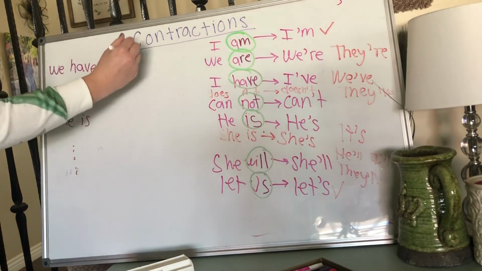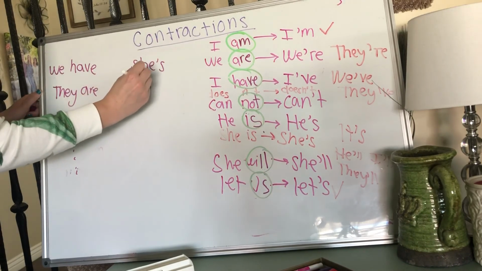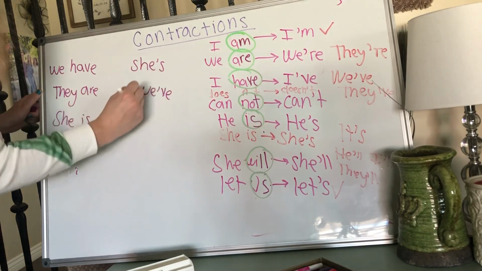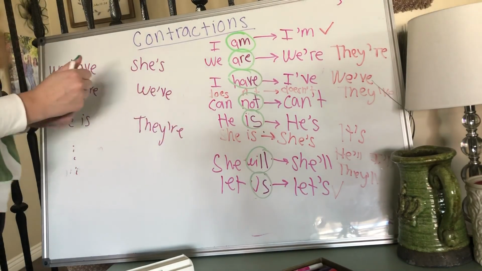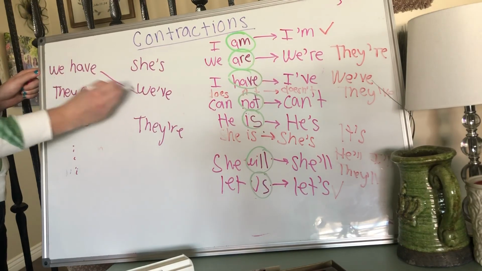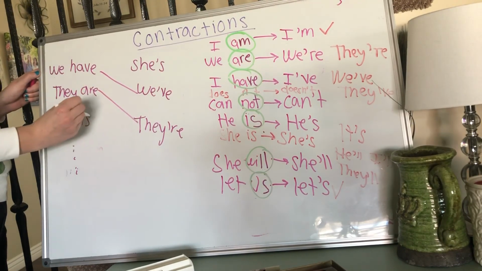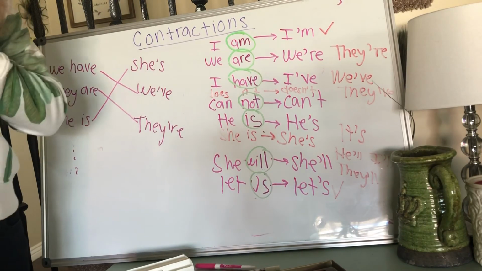And then over here, you could have the corresponding matches: she's, we've, and they're. And then for their homework, the students could do the matching and match the connections. We have to we've. They are to they're. She is to she's. Okay, so that's the lesson on contractions.